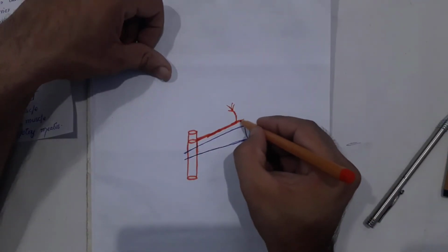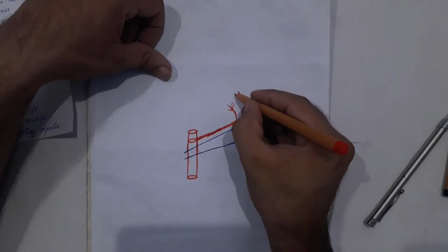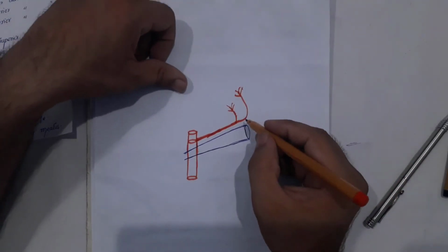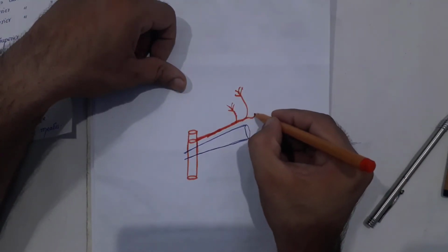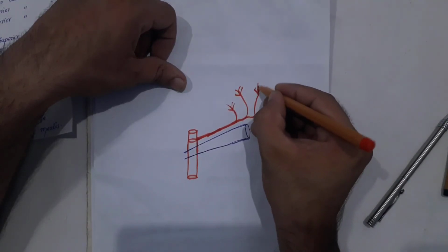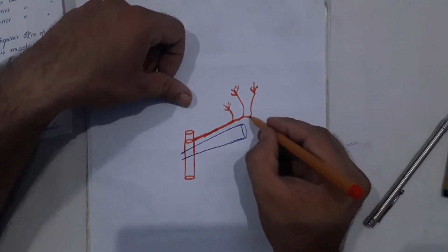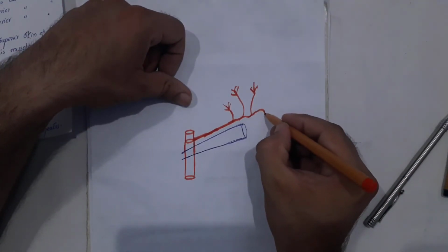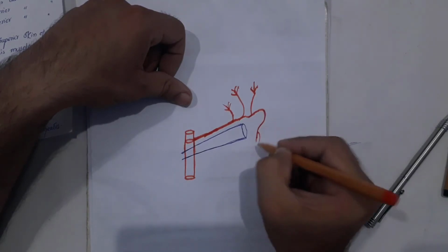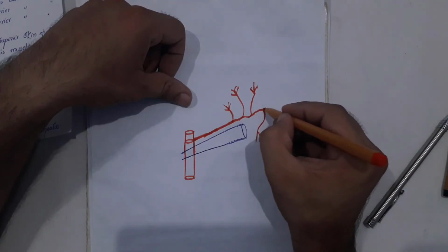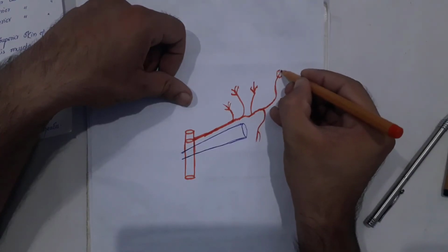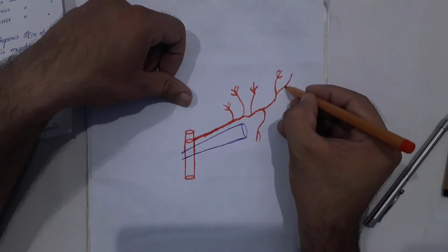A little more forward as it goes, it also gives another branch, and I will write the names of all these branches. A little forward it gives a third branch, and then another branch right here. Okay, let's move forward, and this artery will give two further small branches like this.